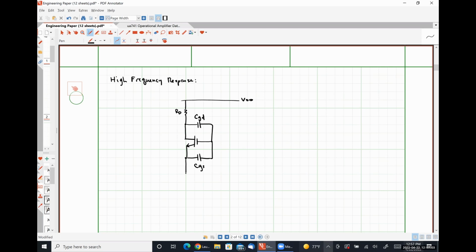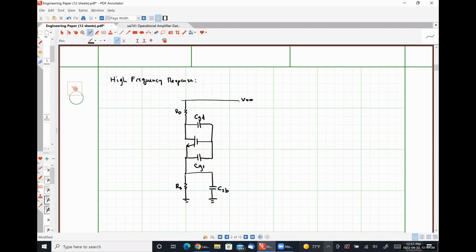Between our source and the bulk, which is at ground, we have a capacitance CSB. So this guy effectively shows up in parallel to our resistor RS.